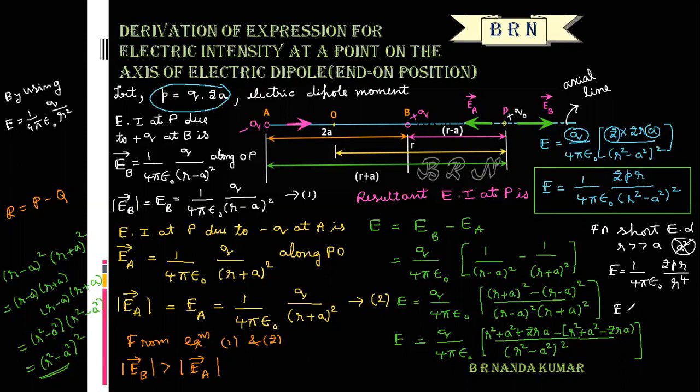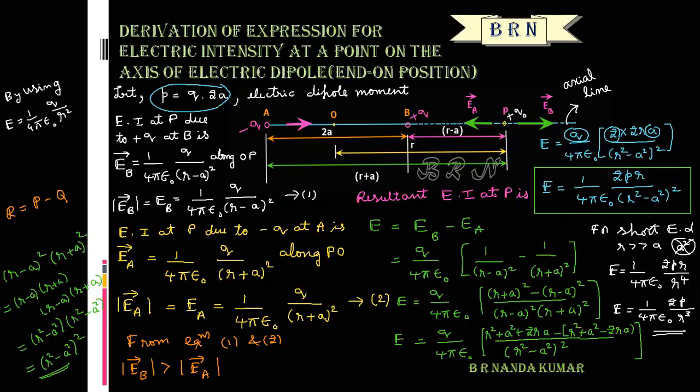Finally, E is equal to 1 divided by 4 pi epsilon naught 2p, so r divided by r power 4 is r cube. This is the mathematical expression for electric intensity at a point on the axial line for a short electric dipole.